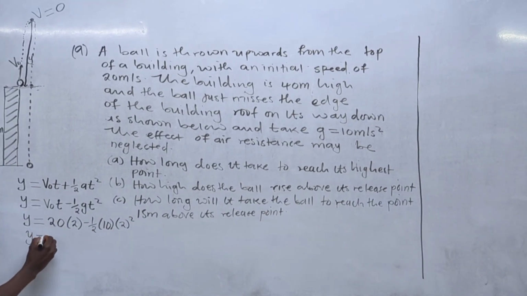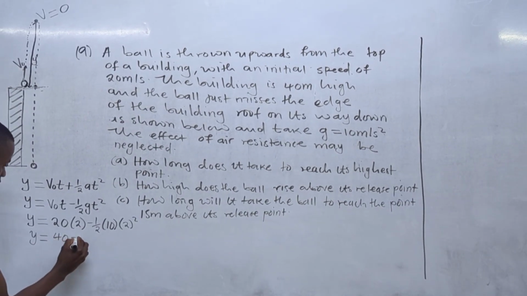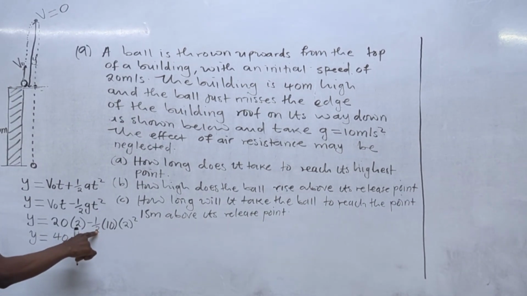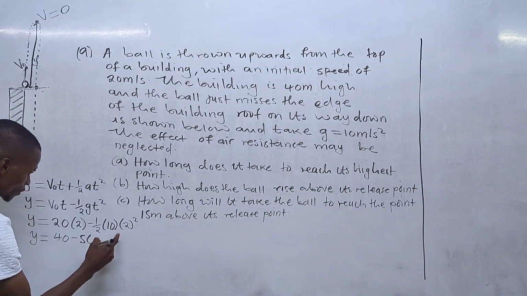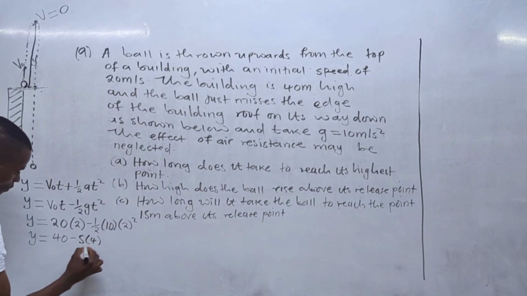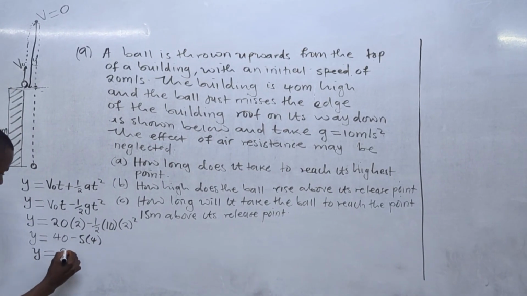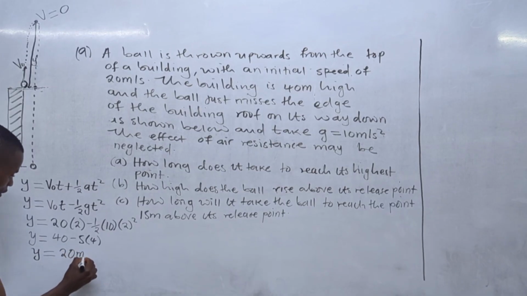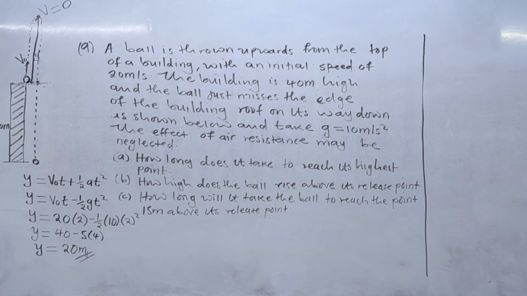So our height in this case is 40 minus, if you do it like this, it will be 5. Of course 2 squared gives us 4. Meaning that the height itself, if you punch this on a calculator, will give us 20 meters.